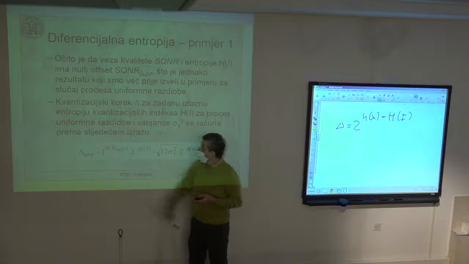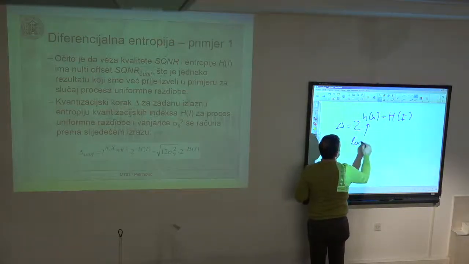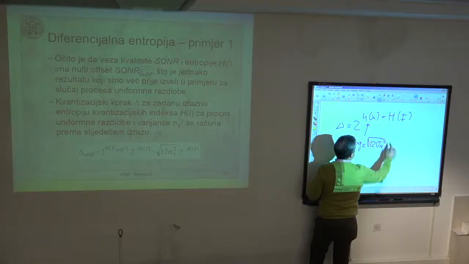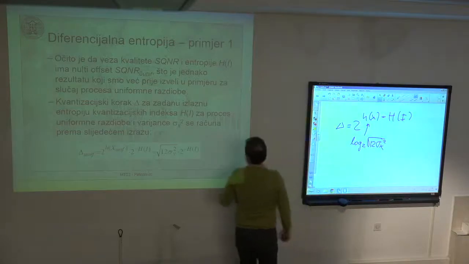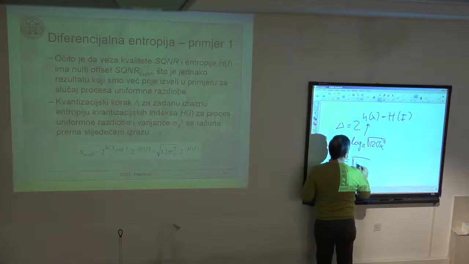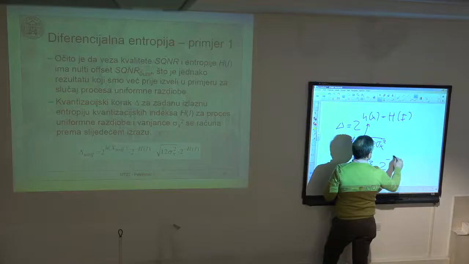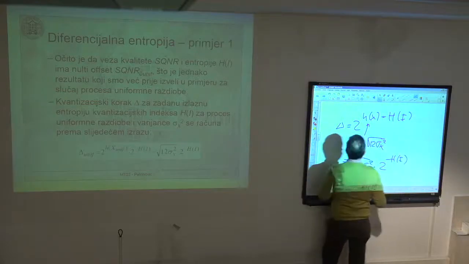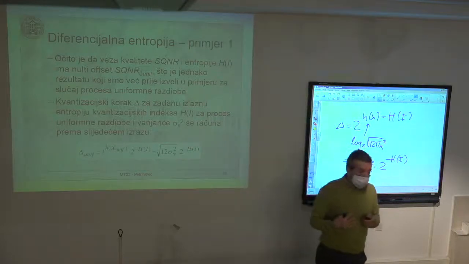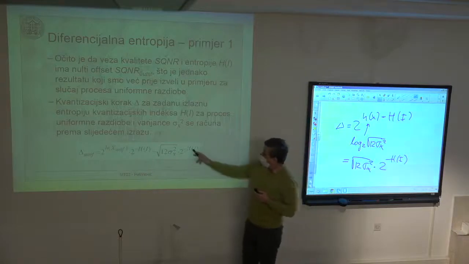After inserting the actual value of this entropy, which was log base 2 of the square root of 12 times sigma_x squared, I get the square root of 12 sigma_x squared multiplied by 2 to the power of minus h(I).